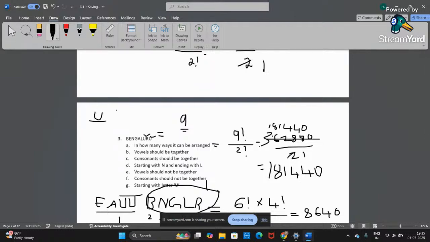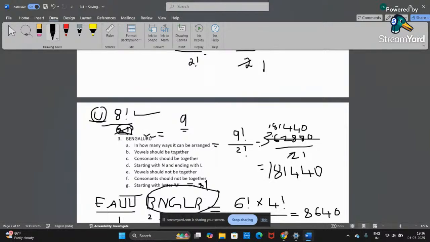It should start with U. Remaining there are 8 alphabets, right? And there are 2 repetitions. But here one is kept as it is, so here we should not use this repetition. Just cancel this and write the answer. The answer is 8 factorial.